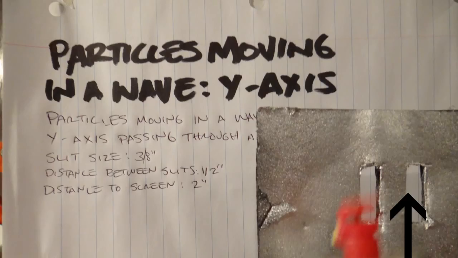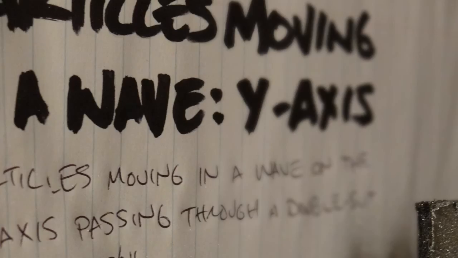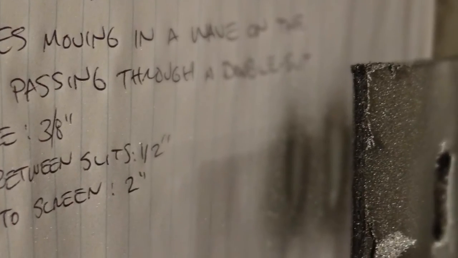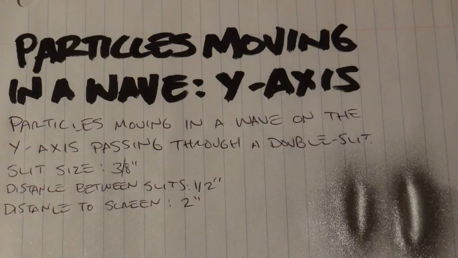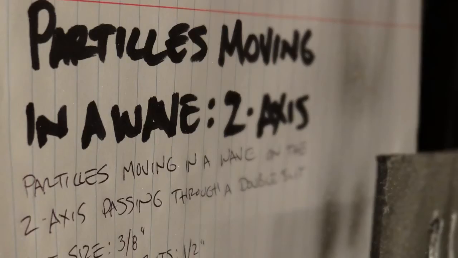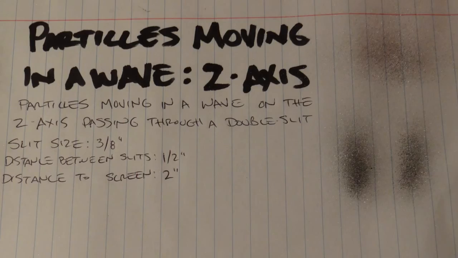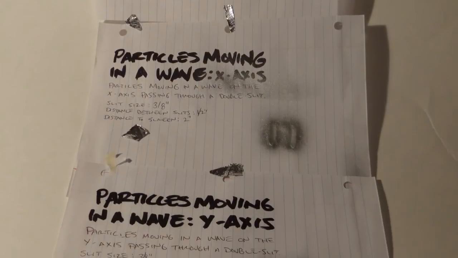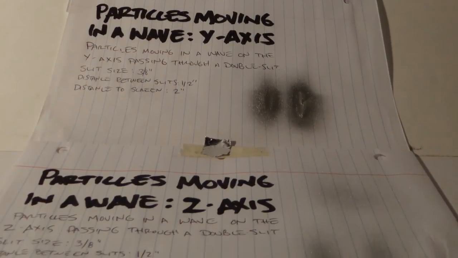When the source of particles is moving on the y-axis, up and down, a wave on the y-axis is created over time, which results in a slightly taller pattern on the screen behind. When the source of particles is moving on the z-axis, back and forth, no difference can be seen as compared to our control. Note that in none of these instances does an interference pattern appear. That would be impossible.